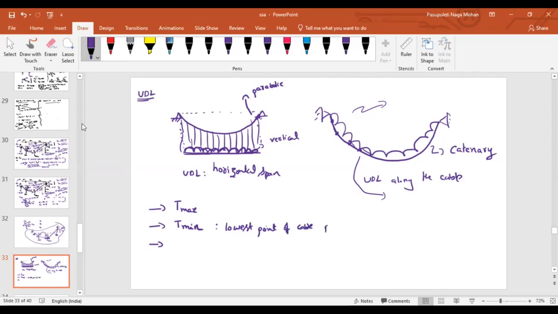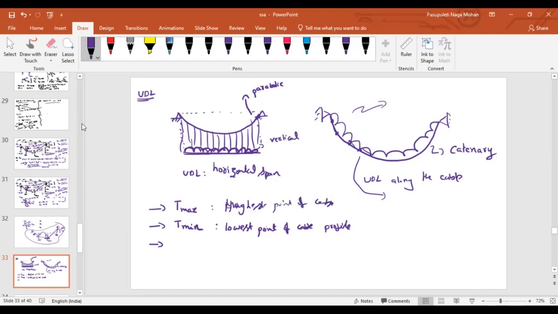So wherever the cable profile is lowest, there you will have the minimum tension. Similarly, I can tell you where the maximum tension is possible. The maximum tension occurs at the topmost point, right? Just vice versa. If it is a minimum, then lowest; if it is a maximum, then we can say the highest point on the cable.